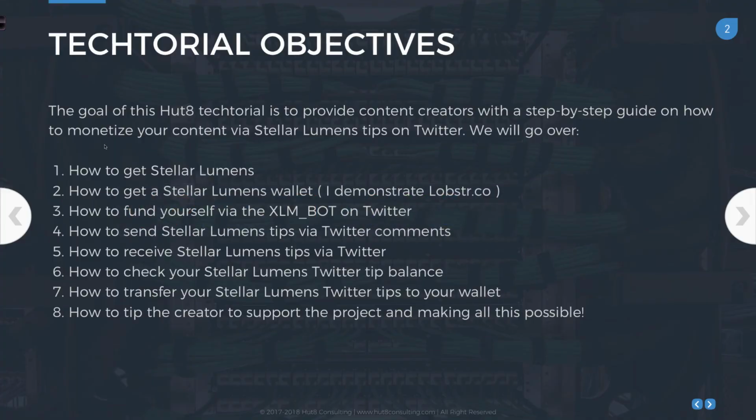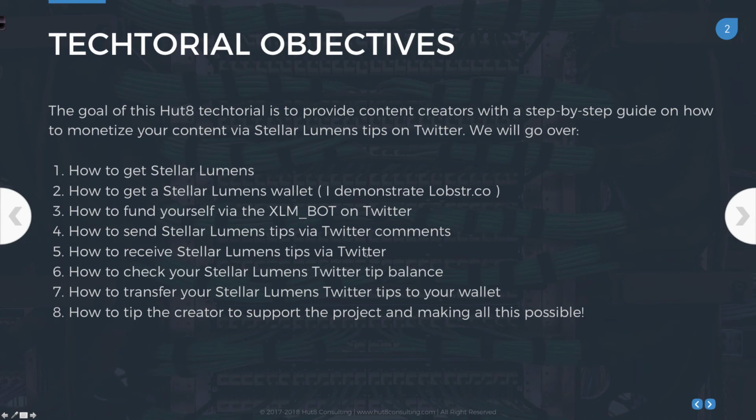And let me go back here. I want to make sure I stay on script a little bit. So, how to send Stellar Lumens tips via Twitter comments. So let's cover that. We talked about how to get Stellar Lumens. We talked about the wallet. We talked about funding ourselves. We talked about receiving Stellar Lumens tips via Twitter.